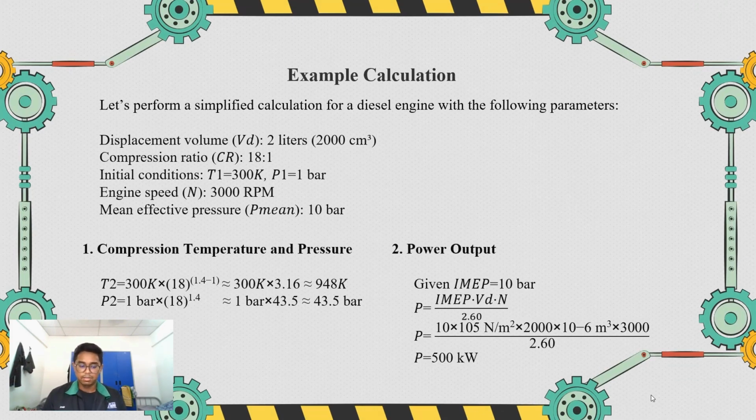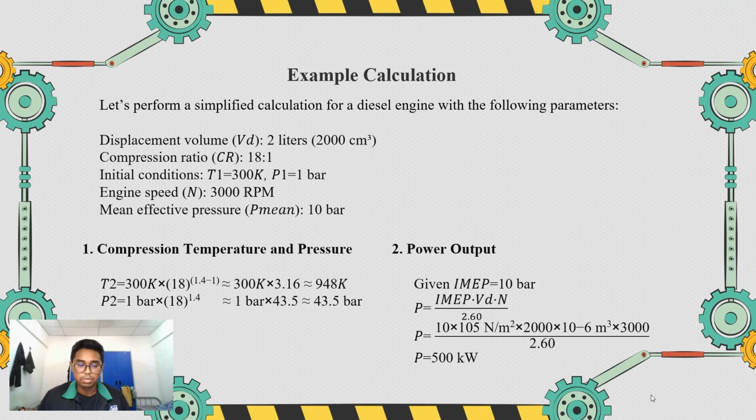So we can see here the example calculation. Below we have the information: displacement volume 2 liters, compression ratio 18:1, initial conditions T1 300 Kelvin and P1 1 bar, engine speed 3000 RPM, and P mean is 10 bar. First we can get the compression temperature and pressure.